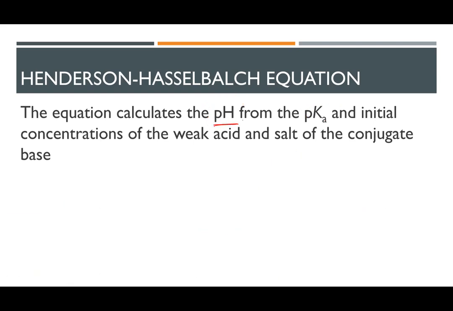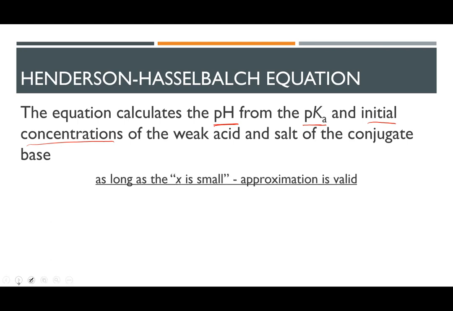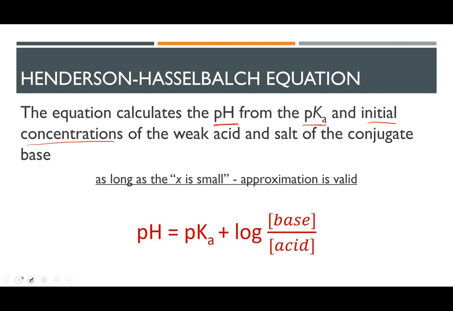All right, so calculating pH from pKa and the initial concentrations of weak acid and base. Those are the numbers that are given in the problem. As long as the assumption that x is small is valid, we can use the Henderson-Hasselbalch equation, and you can go ahead and assume from here on out that it is valid.